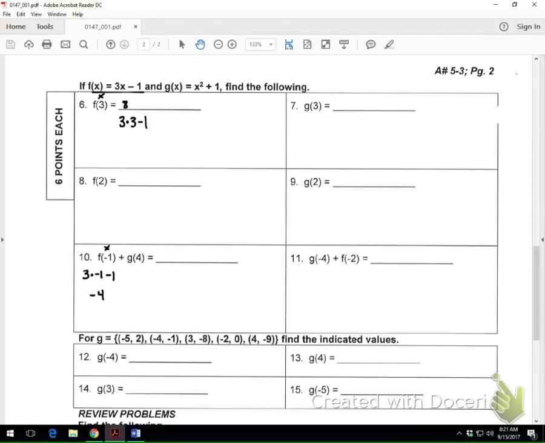So then I would go 4 squared plus 1, which gives me 17. Now it says to add them together. So what's negative 4 plus 17? 13. There's your answer. Does that make sense in how you did that? Pretty simple. All I did was I still did function notation, plugged it in, but then when I got my answers, I added them together because it's asking me to. Same thing on 11.